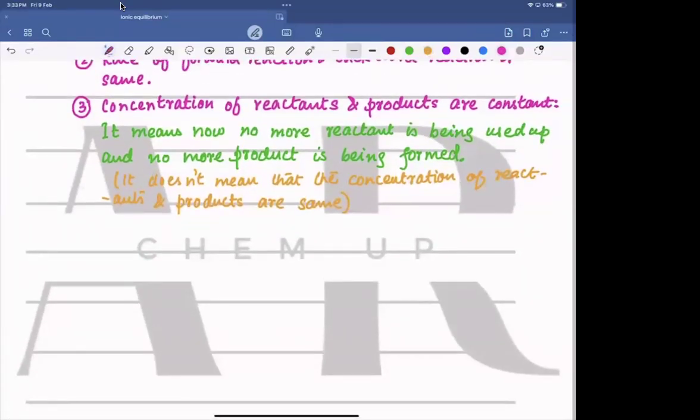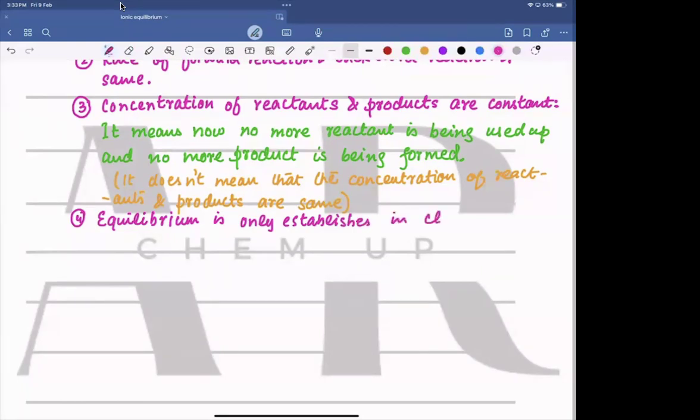Now, equilibrium is only established in a closed system.